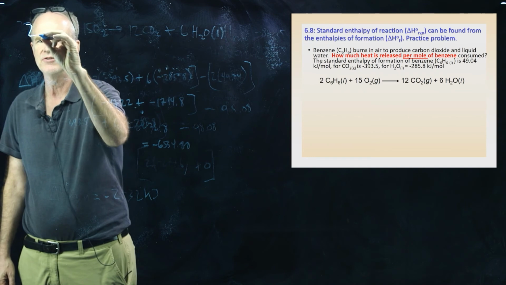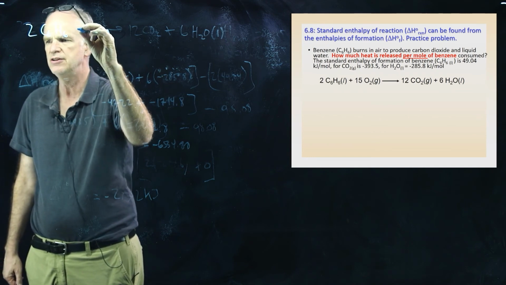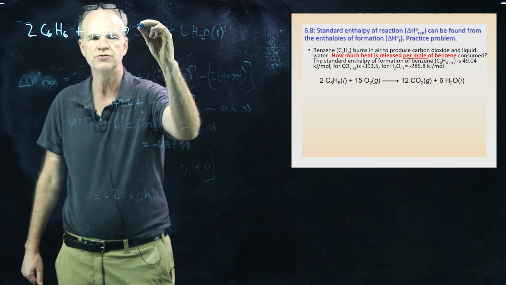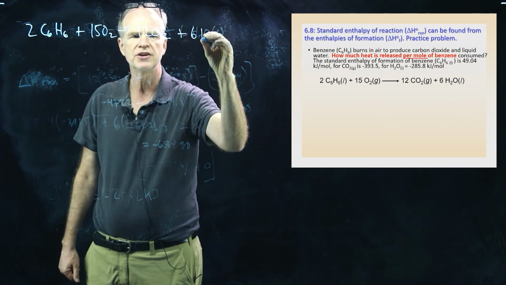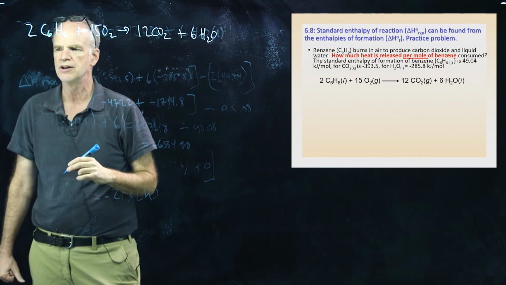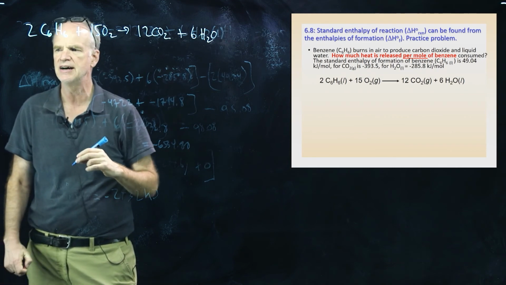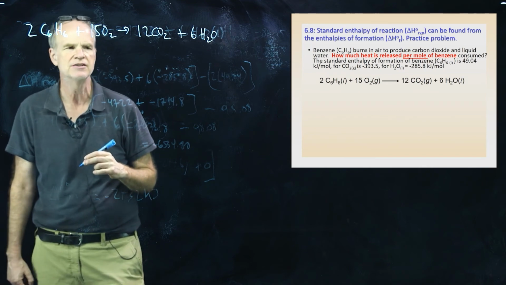So let's write out the equation. It's 2 C6H6, which is benzene, plus 15 O2 gives you 12 CO2 plus 6 H2O. Okay, so what we want to try to do, from the standard enthalpies of formation, is find how much heat is released per mole of benzene consumed.